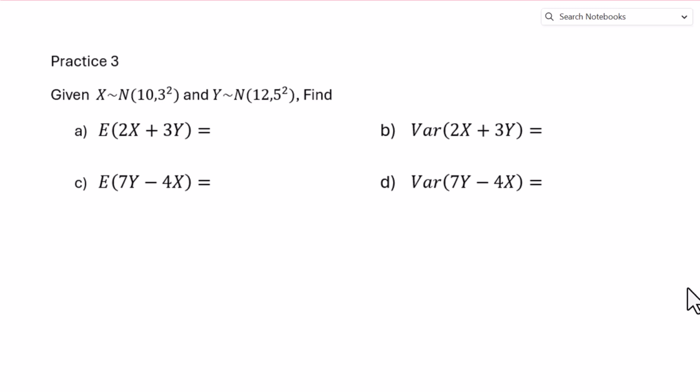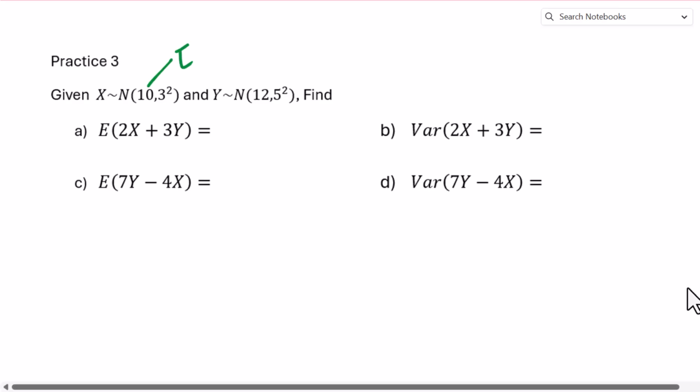For practice 3, given X follows normal distribution with 10 as the mean, 3 as the standard deviation, and Y follows normal distribution, 12 as mean, and 5 as the standard deviation. Find E of 2X plus 3Y.